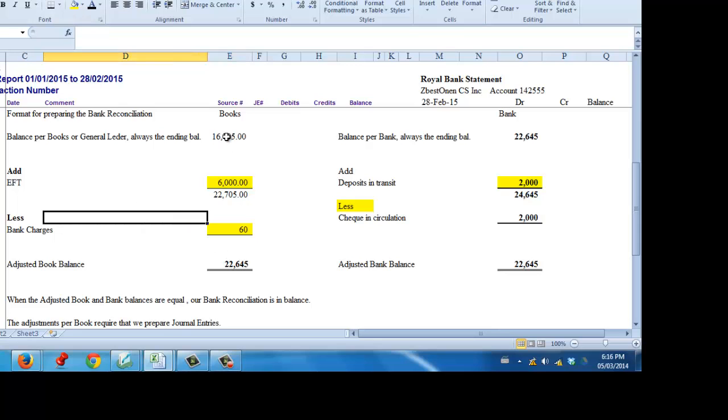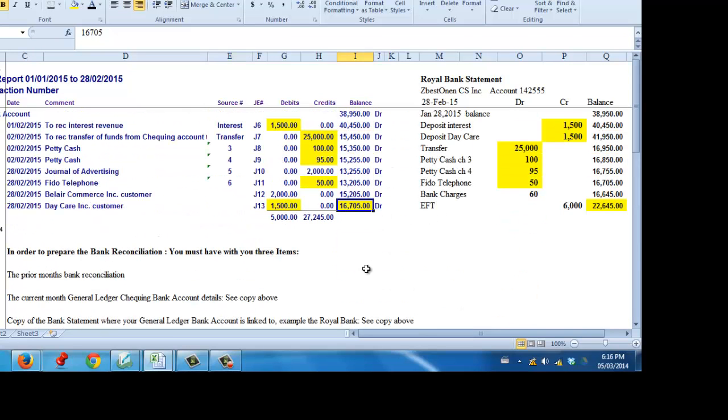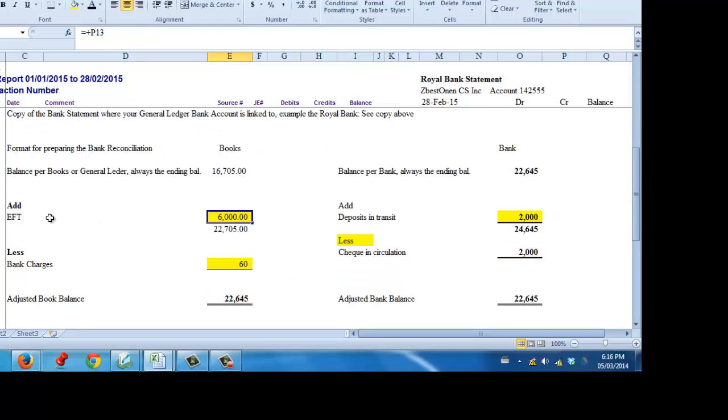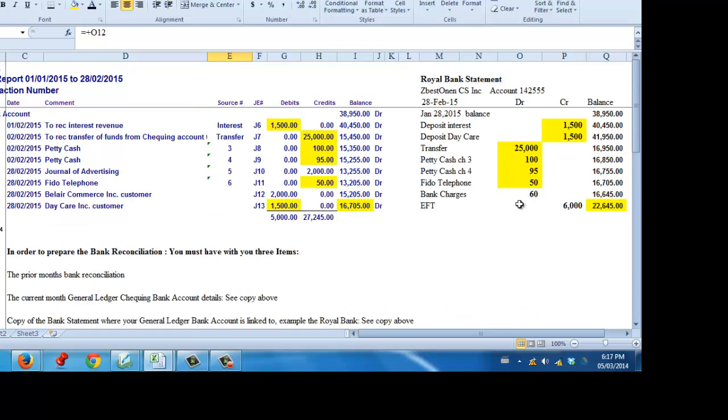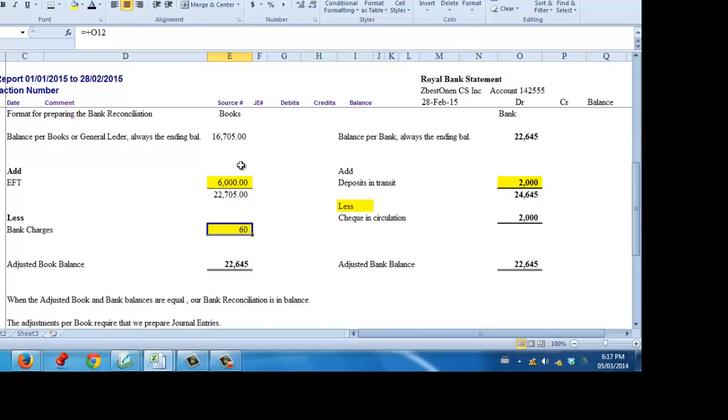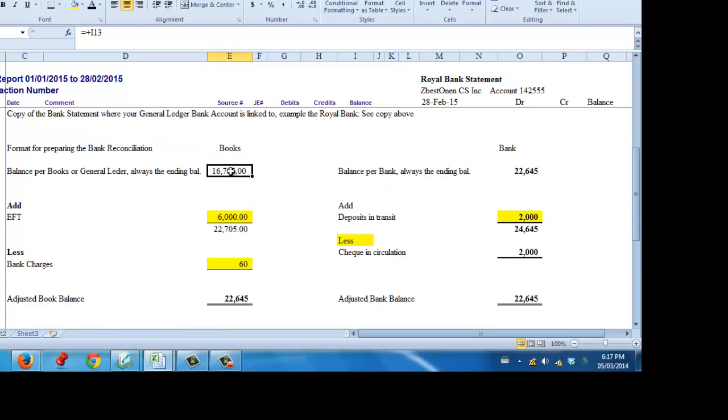So the ending balance at the end of the month per books, $16,705, we add the $6,000, which is a deposit that was affected by the bank, and less the $60 bank charges, which was deducted by the bank, but we did not deduct this per books. So when we add the 6 and the 16, it gives us 22,000 less the bank charges.